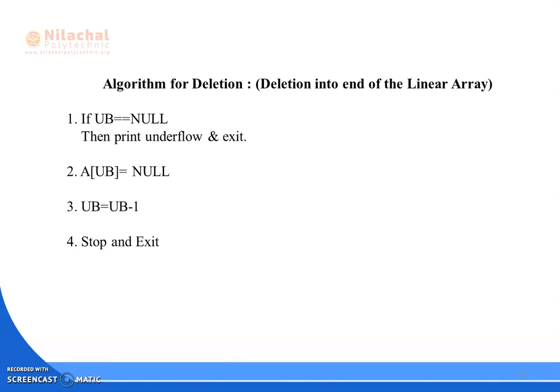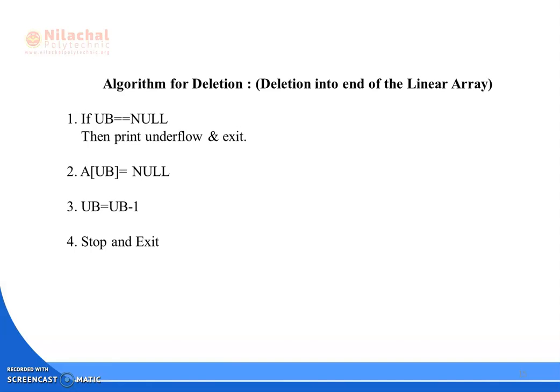If a of 3 data has been deleted, then we want a of 2 to be the upper bound position. So for that, at step 3, we will decrease the upper bound position by 1. Previously the upper bound position was a of 3. Now it is decreased by 1, so now the upper bound position is 2.